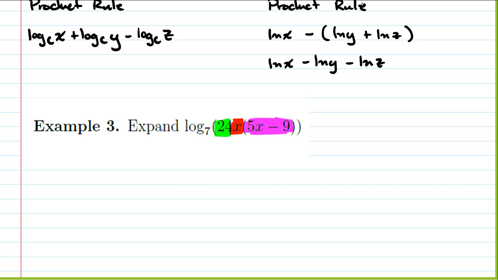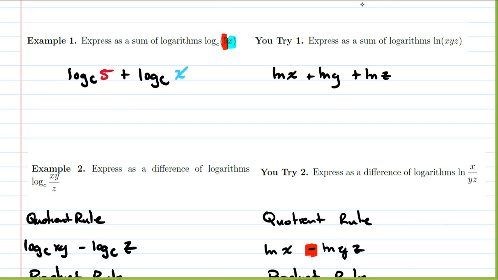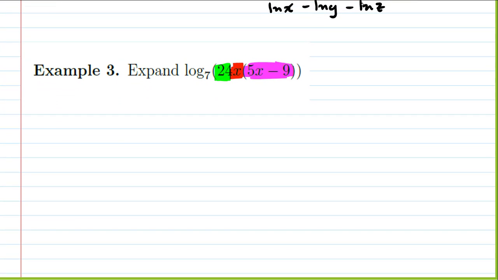So I'm going to have three things just like we did in U-try number 1. So I'm going to have a logarithm with a base of 7, 24, plus a logarithm with a base of 7, x, plus my last logarithm, a logarithm still with a base of 7, and this time I have 5x take away 9.